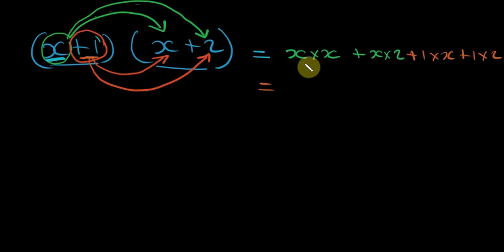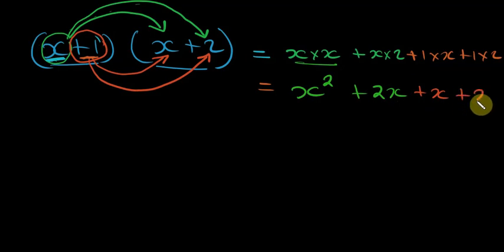Right, x by x. Just write x and add the powers, which is 1 plus 1, get 2, plus x times 2, that is 2x, plus 1 times x, that is positive x, 1 times 2, that is plus 2.